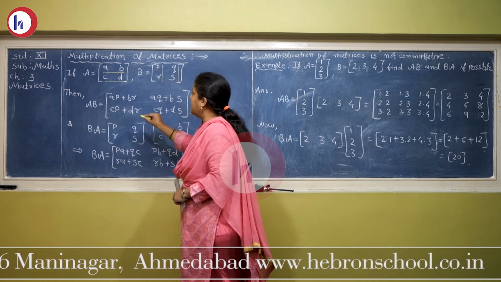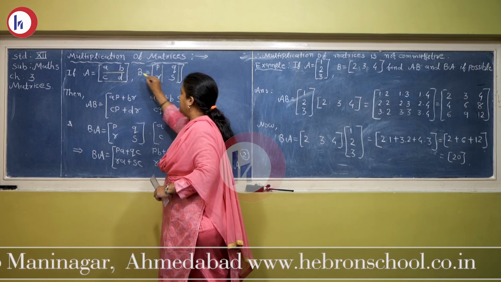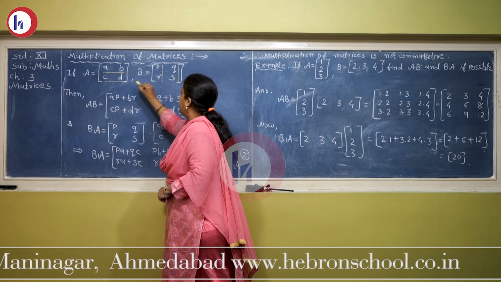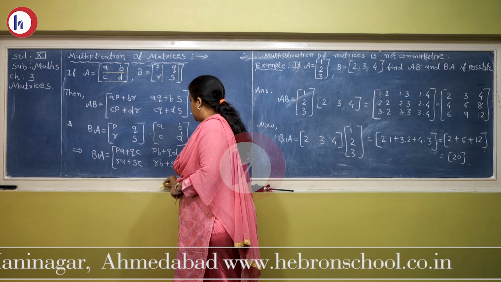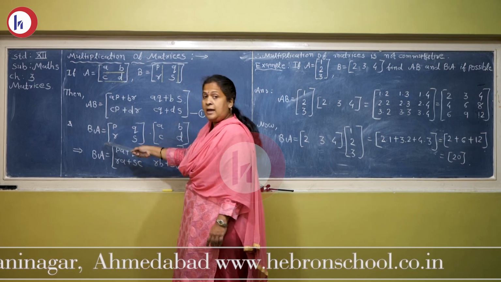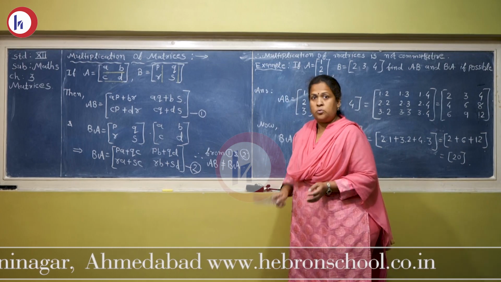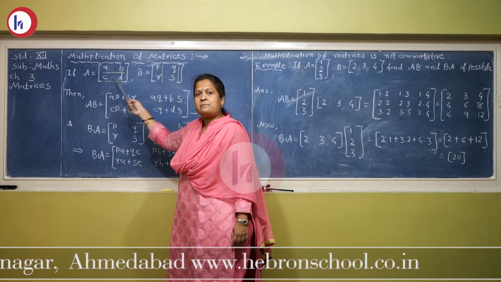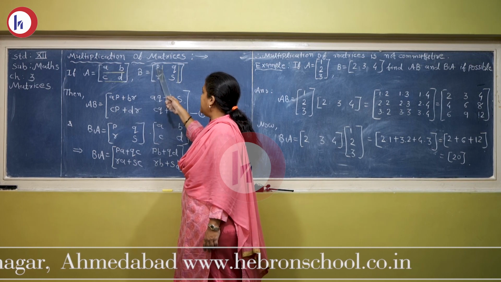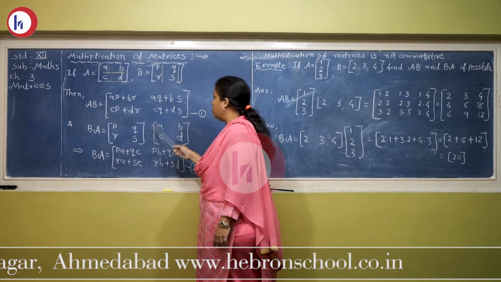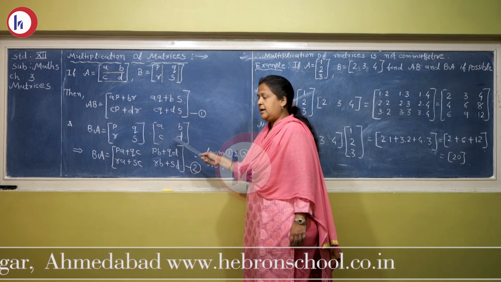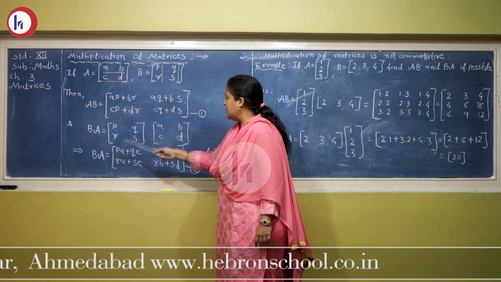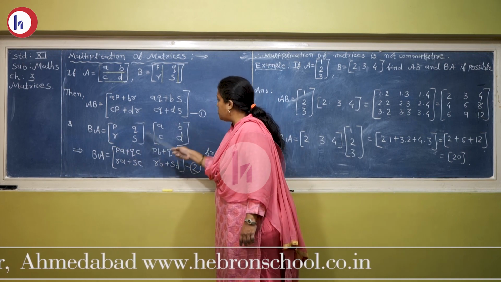And it gives you the answer A into P plus B into R, A into Q plus B into S, C into P plus D into R and C into Q plus D into S. So this is the answer of A into B. In the same way, if I want to find B into A, we have to take first the matrix B and then the matrix A. It gives you P, Q, R, S multiplied by A, B, C, D. That is once again first row, first column, first row, second column, second row, first column and second row, second column.